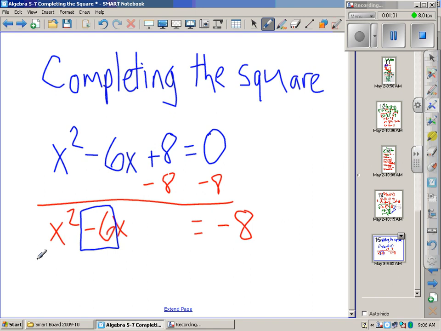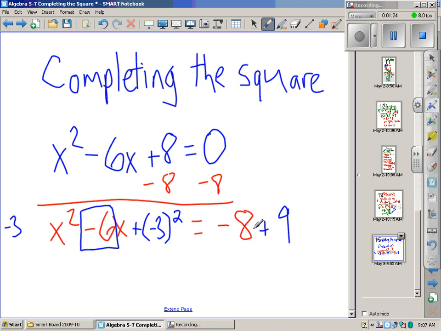Take the b term and divide by 2, and that's going to be negative 3. Then we need to add that squared to both sides. Now when we square negative 3, we actually get 9. So we're adding 9 to both sides.